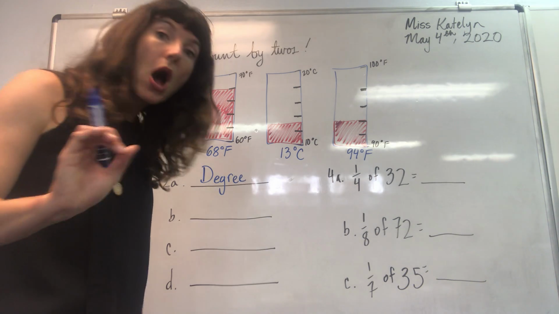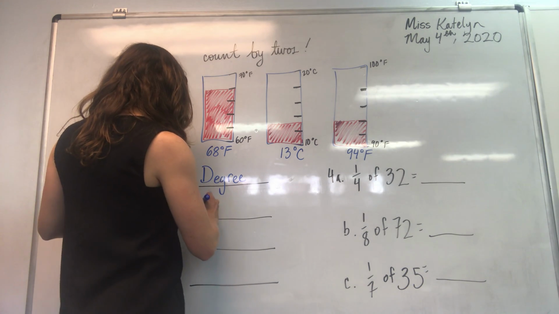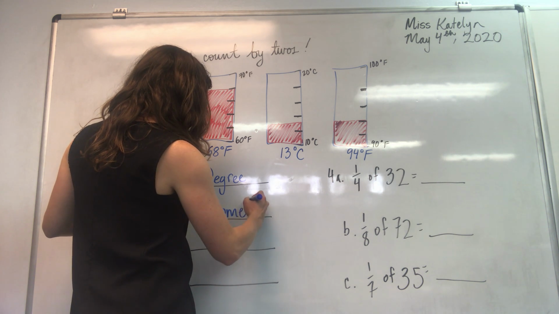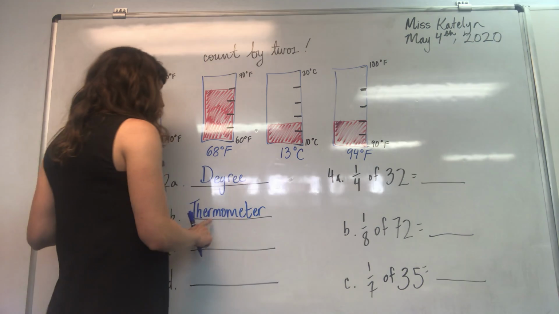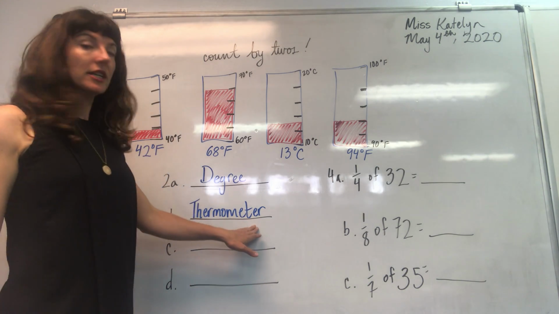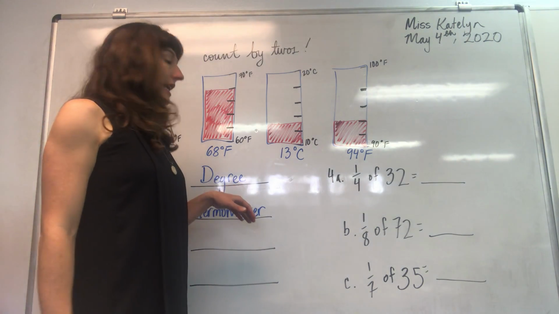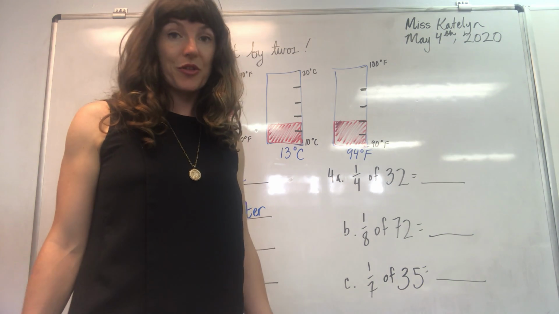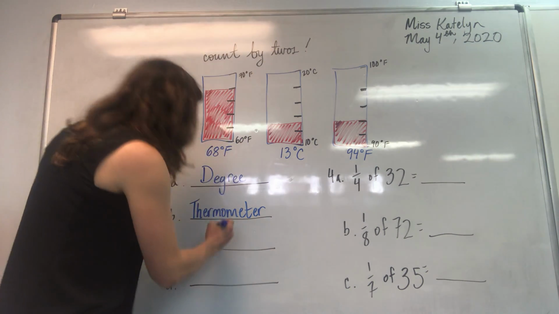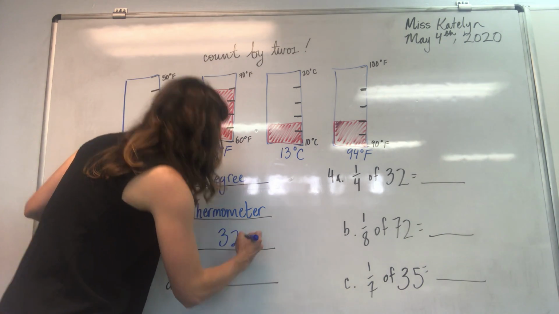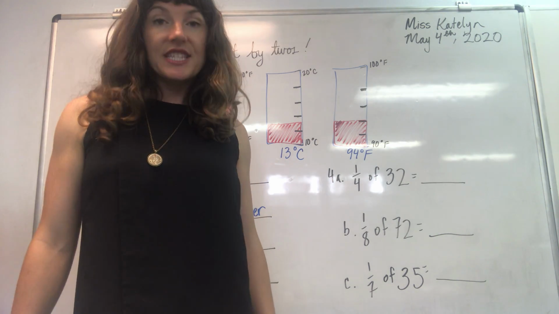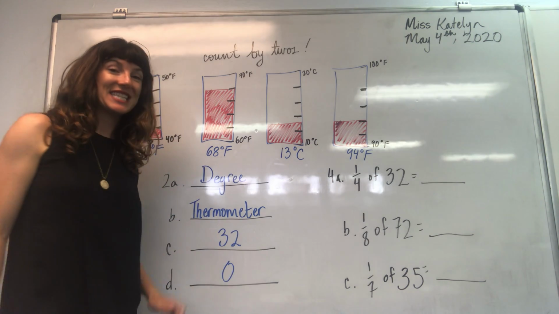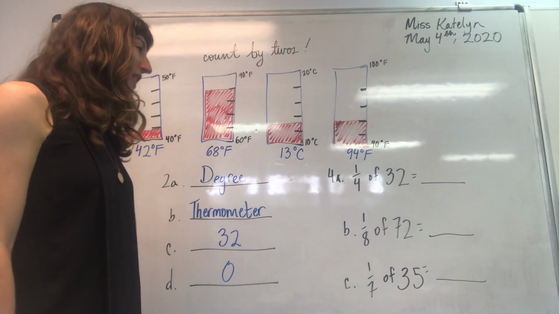Next one, thermometer. The thermo means heat, and meter means measurement. So the heat measure. Thermometer is the instrument used for measuring temperature, a thermometer. 32 degrees is freezing in the Fahrenheit scale, and 0 degrees is freezing in the Celsius scale.